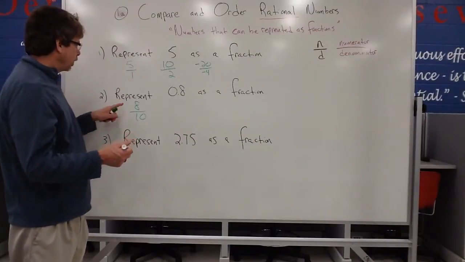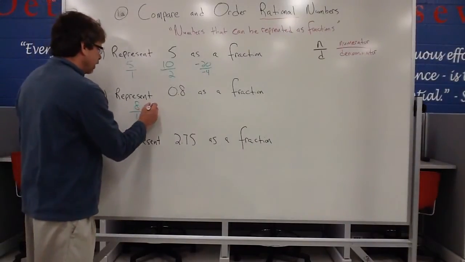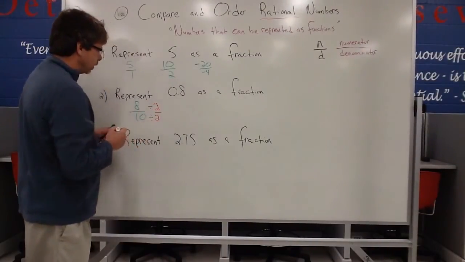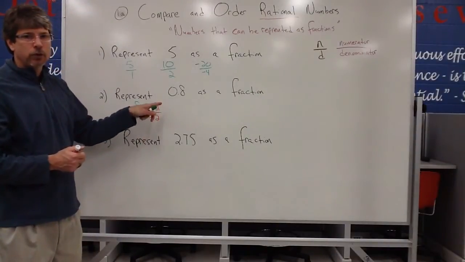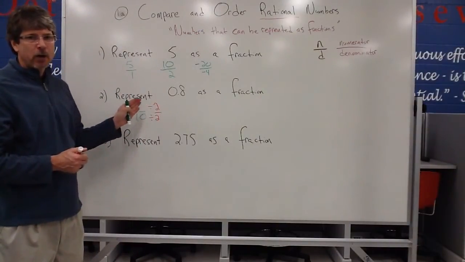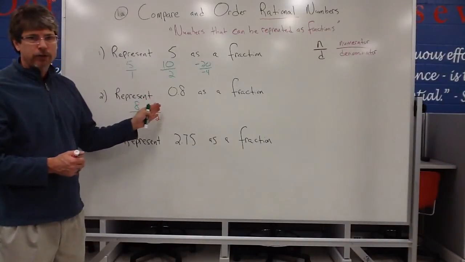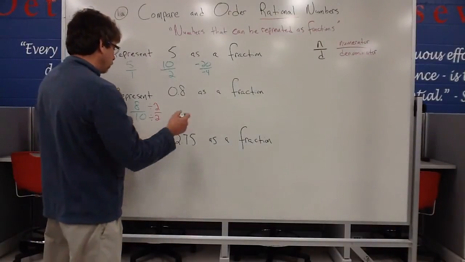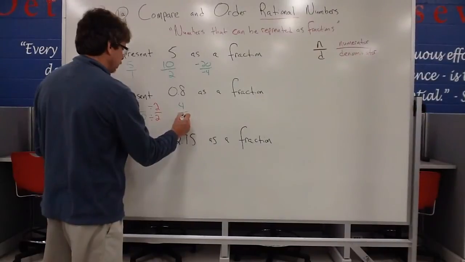Now, one thing we also could do here is put this in lowest terms. And since I can divide the numerator and denominator both by 2, that's reducible. Also note that really what you're doing is dividing by 1, because 2 over 2 really represents 1. And if you divide by 1, it really doesn't change the value of the problem. It's still what we call an equivalent fraction. So if I go ahead and divide this out, we end up with 4 over 5.